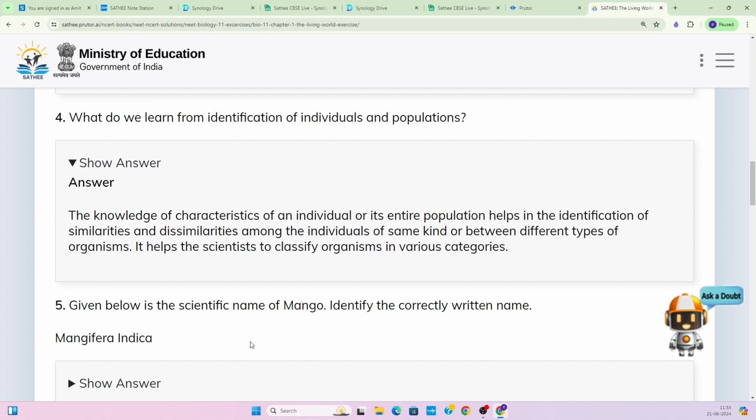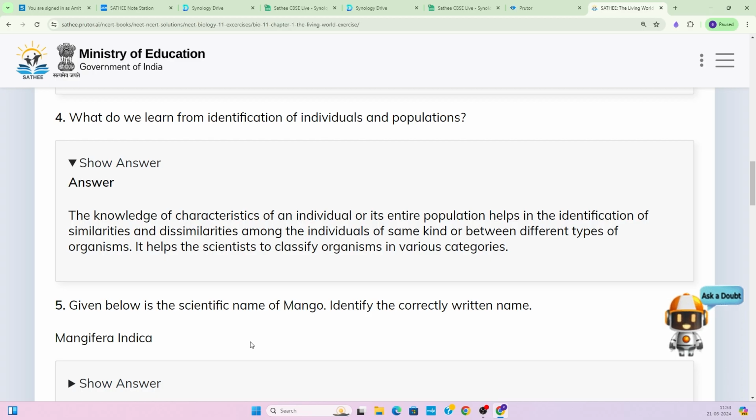So it helps in the identification of similarities and dissimilarities among the individuals of the same kind or between different types of organisms. In a population, only one type of individual is there. So generally you will have more similarities between the organisms because all the organisms are of the same type. Similar species have the same type of characteristics, right?